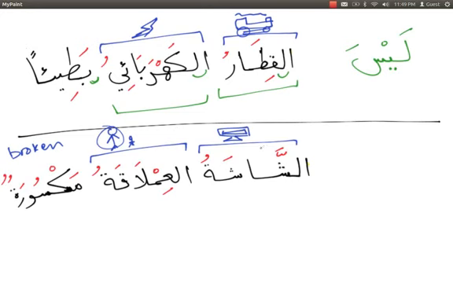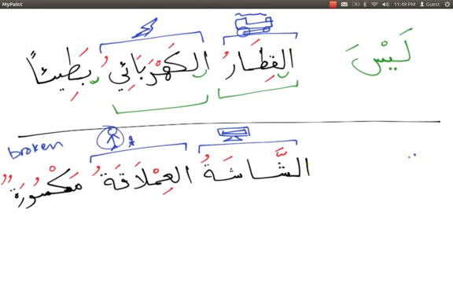How do we say the huge screen is not broken? All we need to do in Arabic is to take this sentence and add the word ليس or ليست at the beginning and change the ending of the piece of news that we have here.